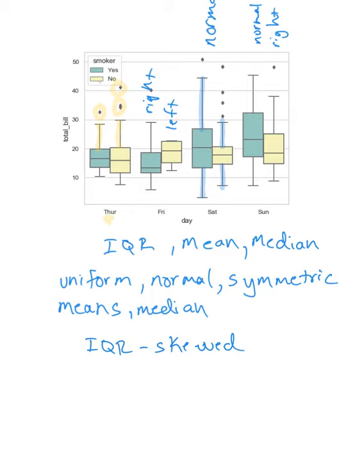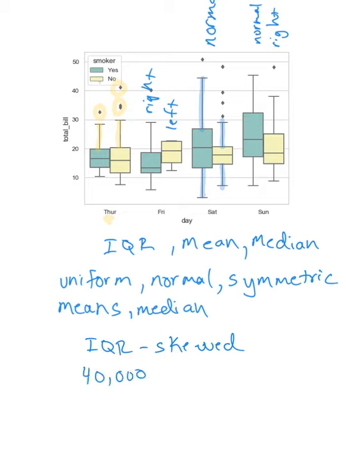It's better to use the IQR if it's skewed, because the IQR doesn't take into effect the outliers. The outliers are there, but they don't affect the IQR as much as they would a median or a mean. Let's talk about salary. Let's say most of the people in a company, everybody, makes $40,000.